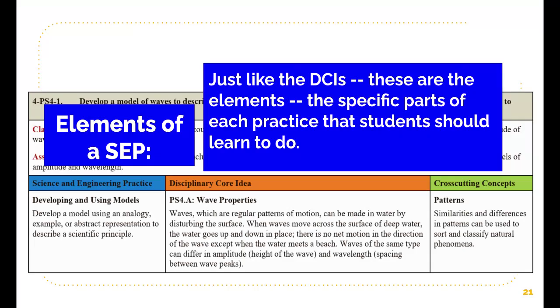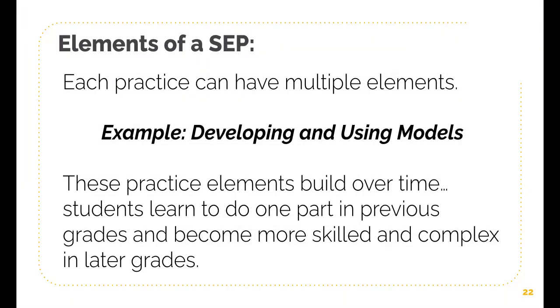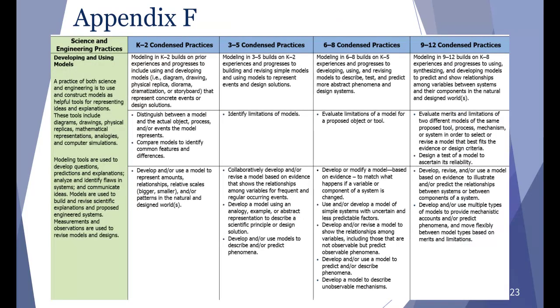And for this one, we're learning to develop a model using analogies, examples, or abstract representations so that they can describe a scientific principle, and in this case, the scientific principle are properties of waves. And again, the elements build over time. Students learn to do one part in a previous grade and then become more skilled and complex in that skill in later grades. Appendix F is the support document for that.